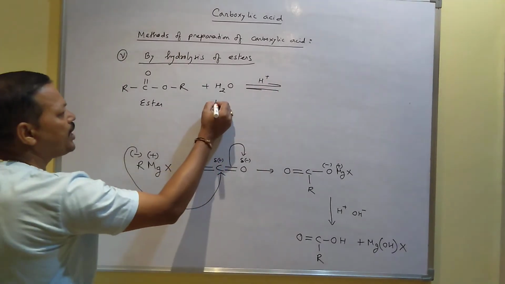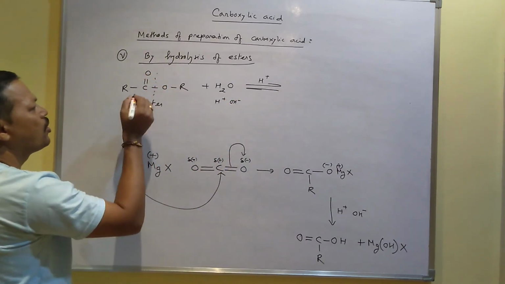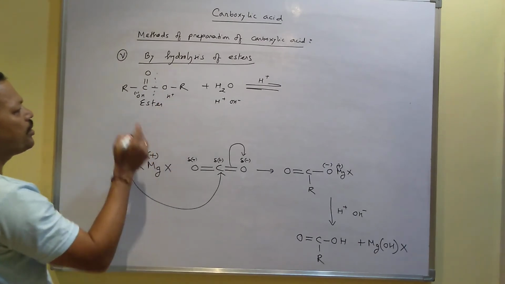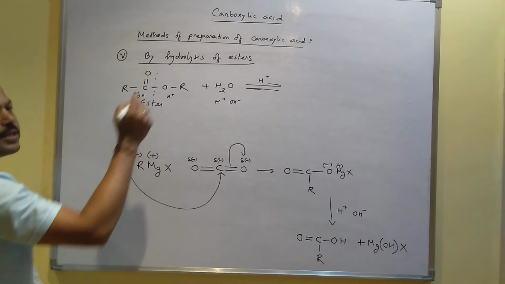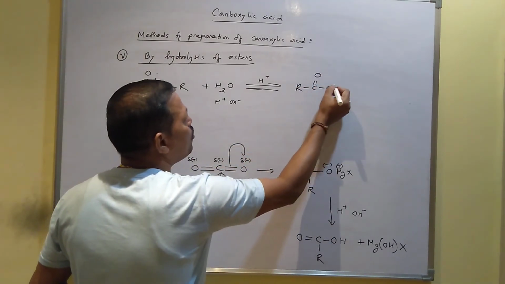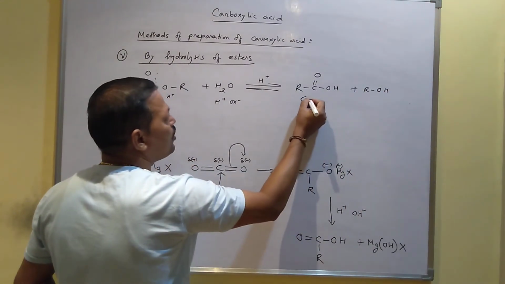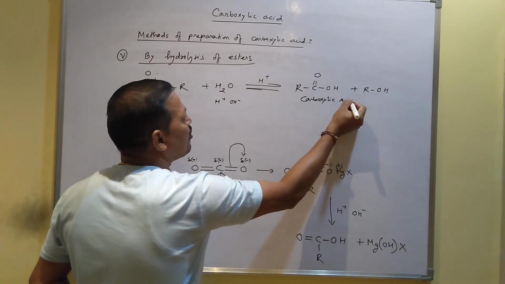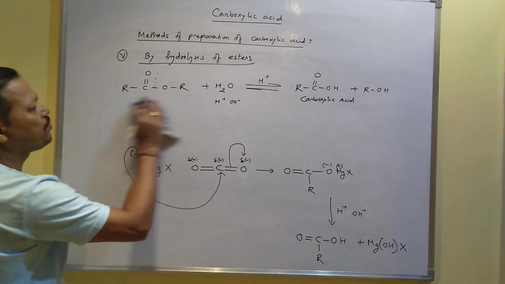Water gives H plus and OH minus ion, so it will break here. OH minus will join with it, H plus will join with it, and it produces RCOOH and ROH, alcohol. So the product will be RCOOH plus ROH. Like this way also you can prepare carboxylic acid by doing hydrolysis of ester.